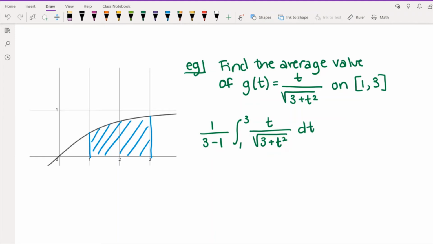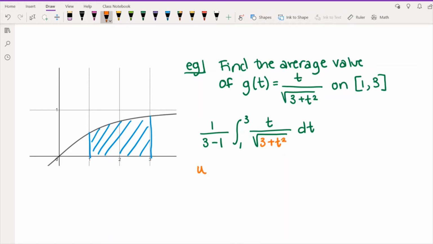Well, again, there's kind of 2 things you want to check. One is, will I actually be able to evaluate this integral once I do that substitution? And the other thing is, when I take the derivative of what I'm setting u equal to, does something similar to that derivative appear in my integral?